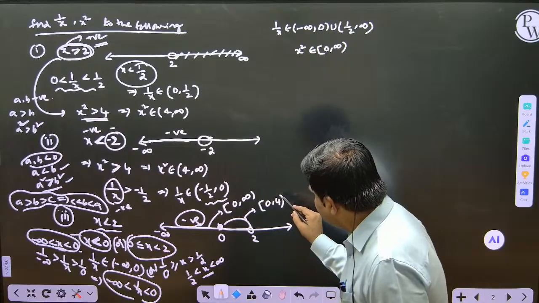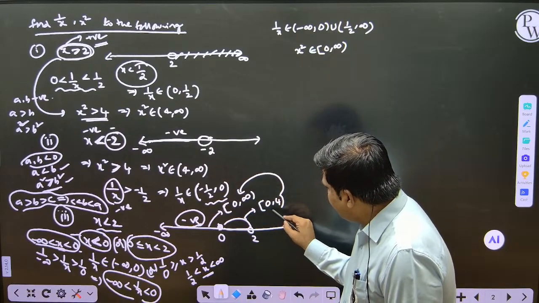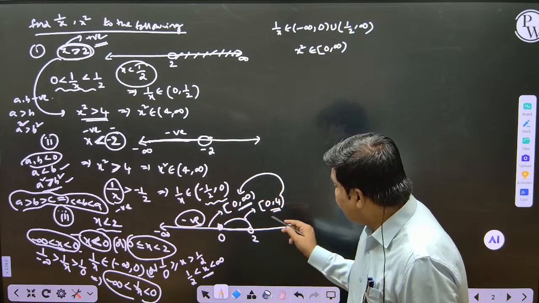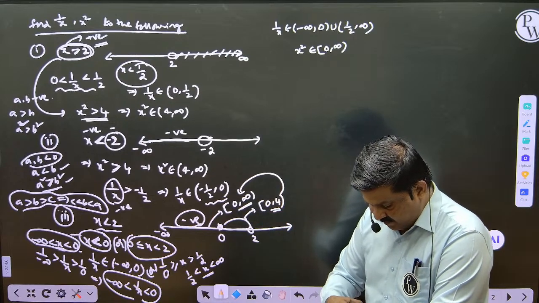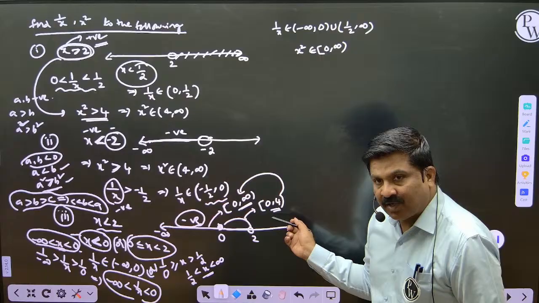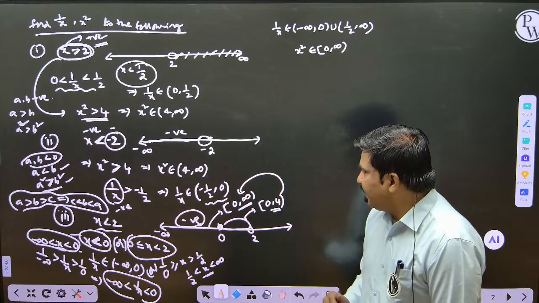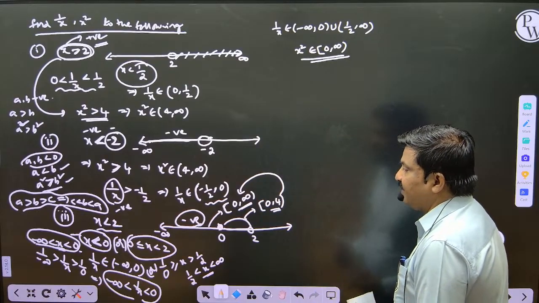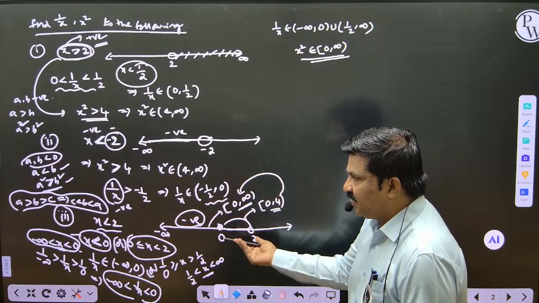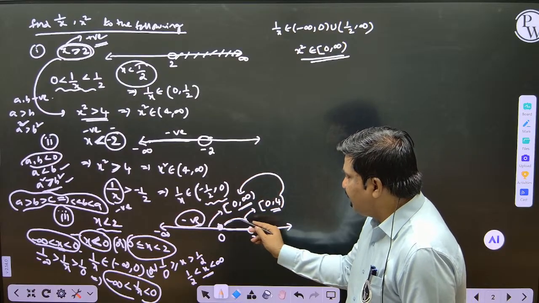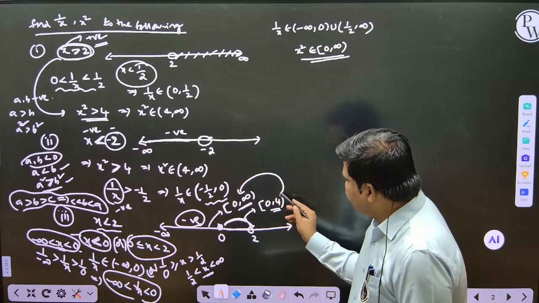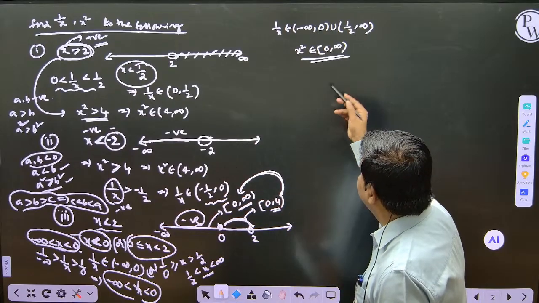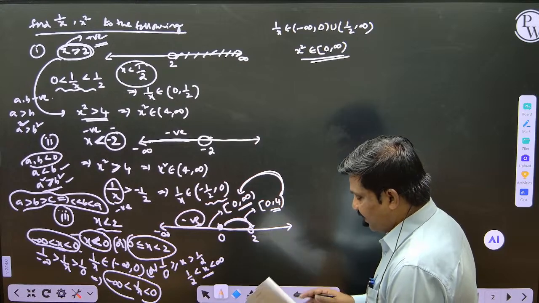By adding this with this, automatically 0 comma 4 is also a part of 0 to infinite, or not. 0 comma 4 is also a part of which one? 0 comma infinite. So that's why the value will not change. Your x square is only 0 to infinite. Minus infinite to 0 squared gives 0 to infinite. But squaring this part separately gives 0 to 4, and this 0 to 4 is a part of 0 to infinite. That is why in total we get the x square value as 0 to infinite.